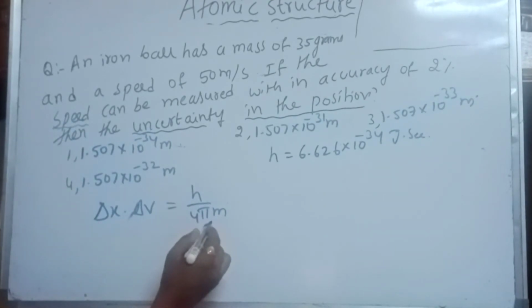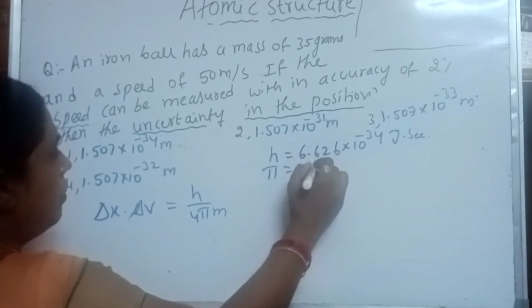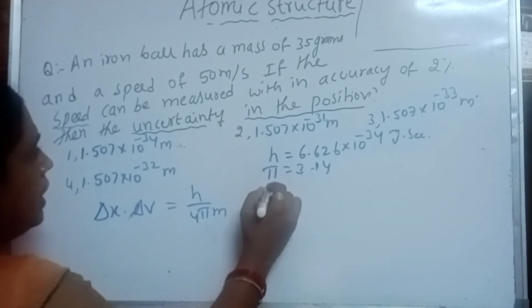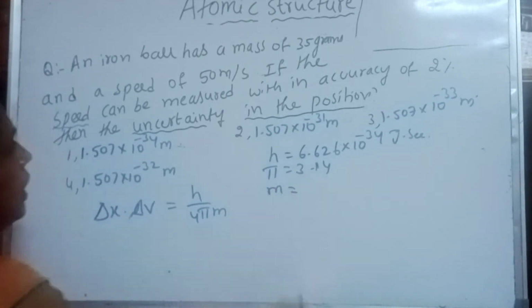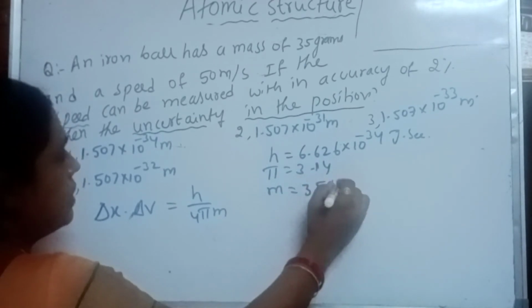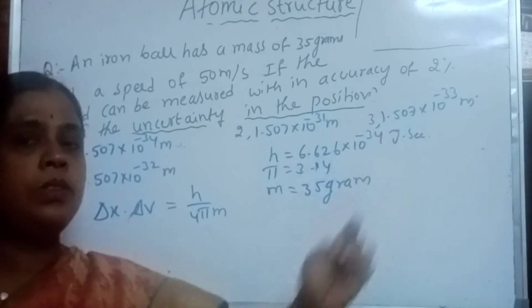Then 4 pi, where pi is the constant, 3.14. One more term is required: m, the mass. The mass given in the problem is 35 grams.